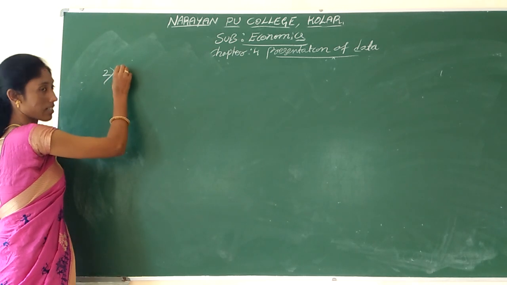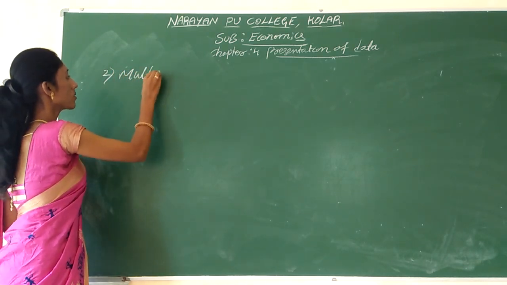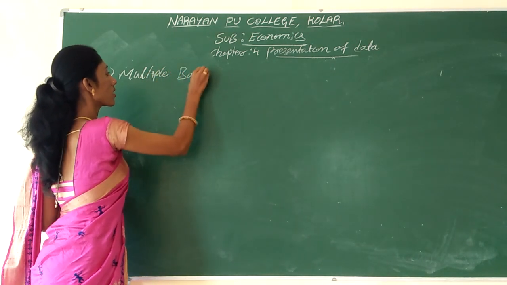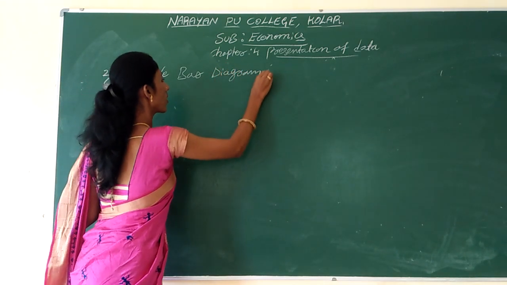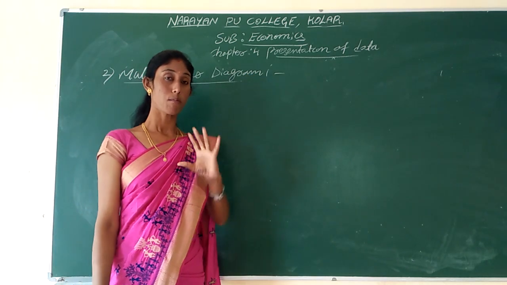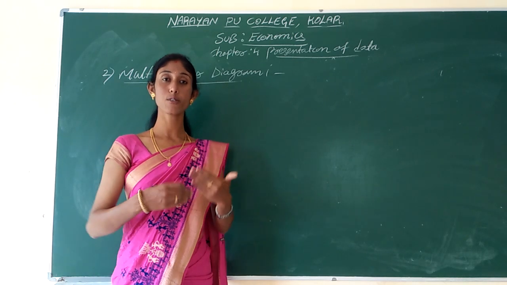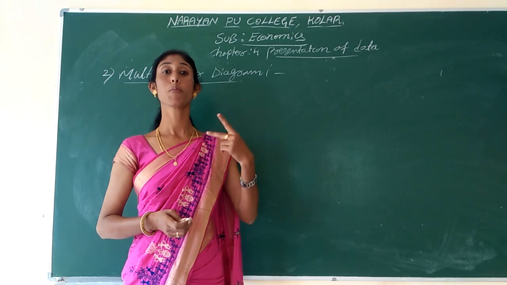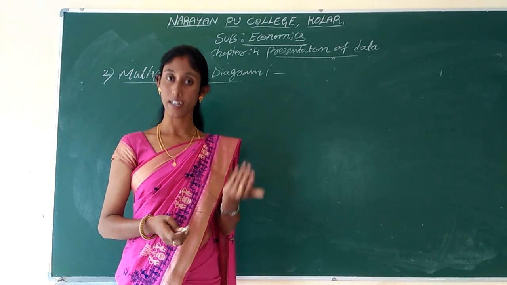Second type of bar diagram, that is multiple bar diagram. Here we already know that multiple bar diagrams are used to represent two or more types of data or variables at a time.